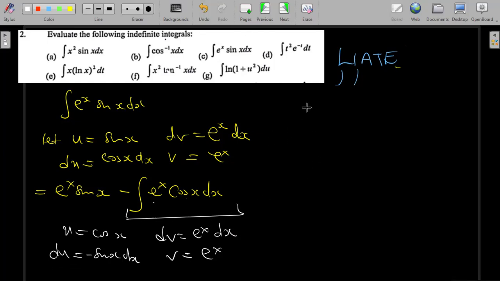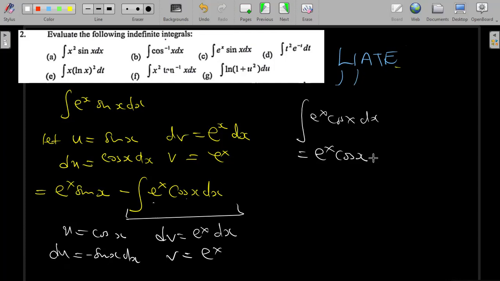So now from here I can replace. What do I get? The integral of e to the x cos x dx is going to be equal to, from there I have my u and my v, e to the x cos x.